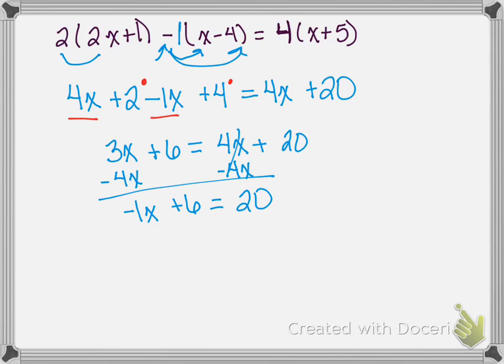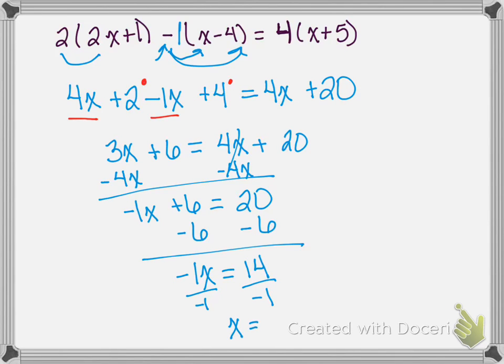Now I am going to move my 6 over. So I have -1x equals positive 14. And my last step then is to divide by -1. So my final answer here is x equals -14.